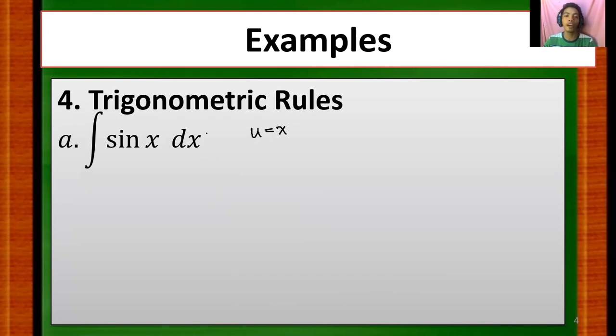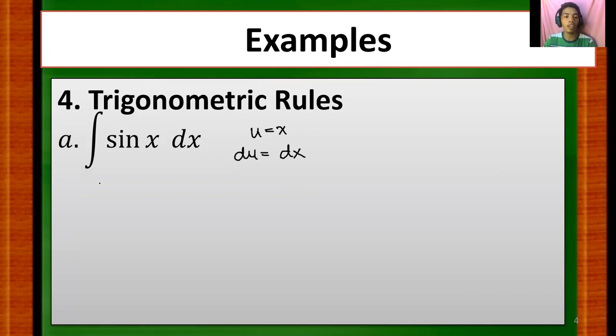So, we have u is equal to x and du is equal to dx. Okay? Since wala na tayong numerical coefficient na nakalagay dun sa harap ng dx, wala tayong integrating factor na imumultiply. So, ibig sabihin, isa-substitute lang natin yung u sa x at saka du sa dx.